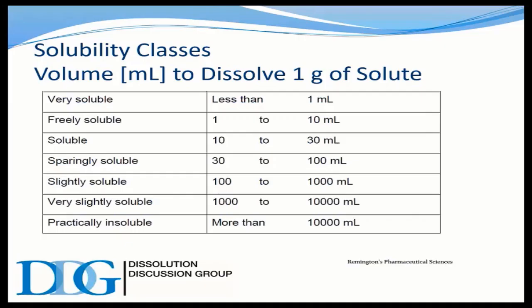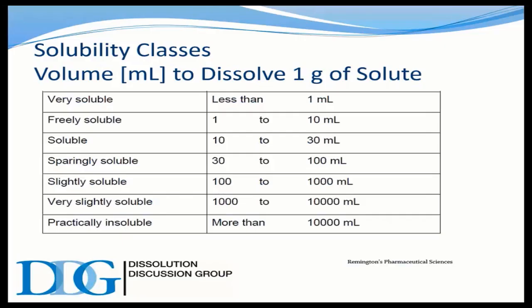Looking at Remington's, just to give you an idea of solubility classes, something that is less than one, to take a gram of solute and put it in 1 ml, if it goes into solution, of course, that's extremely soluble.